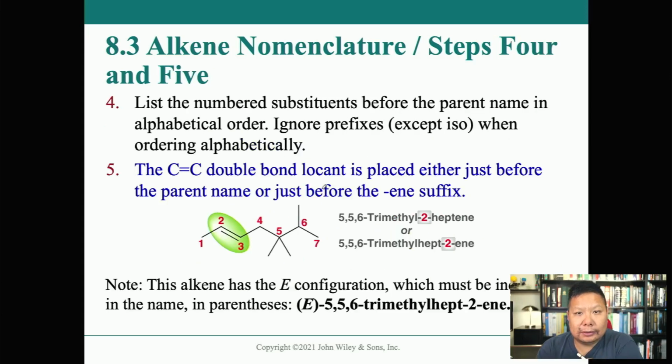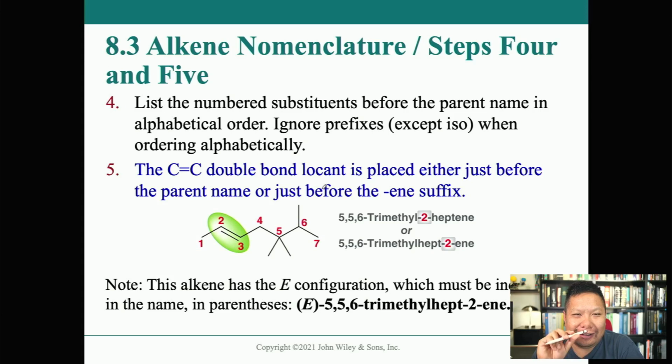Or you could name it this way, the way they have it, trimethyl 2-heptene. List the numbered substituents before the parent name. Oh, I skipped ahead and didn't realize it said to list the substituents before the parent name in alphabetical order, and then ignore the prefixes except for iso.